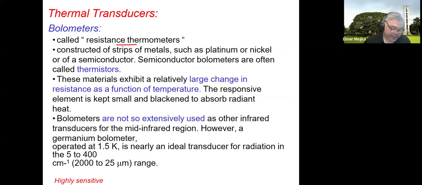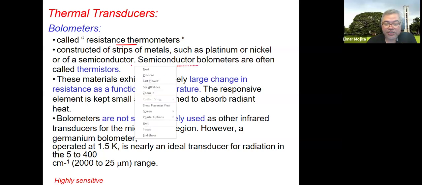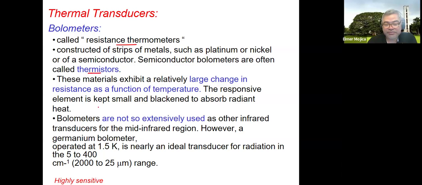This is a type of resistance thermometer consisting of strips of metals such as platinum, nickel, and a semiconductor. Okay, and you often call semiconductor bolometers thermistors. So these materials exhibit a relatively large change in resistance as a function of the temperature.